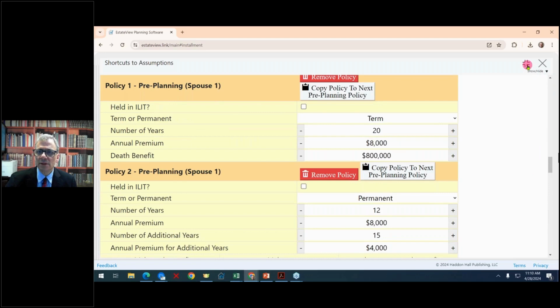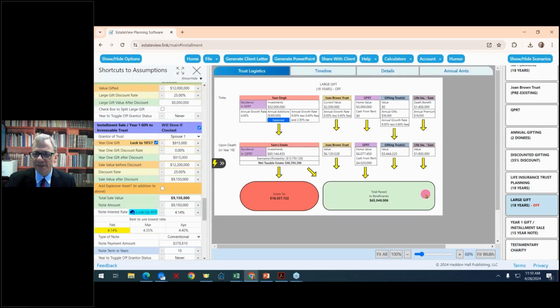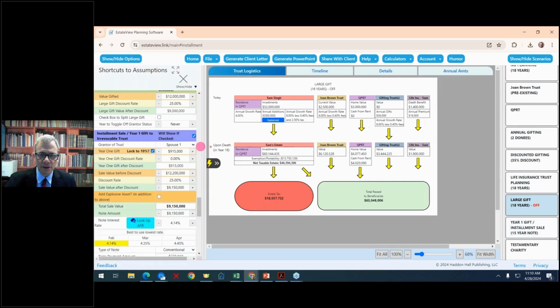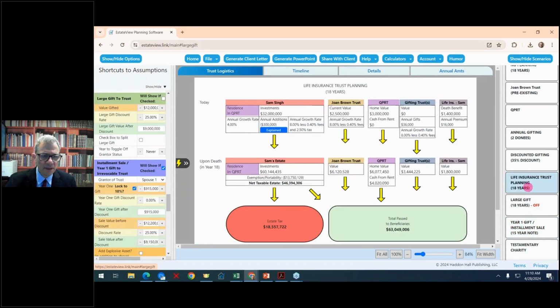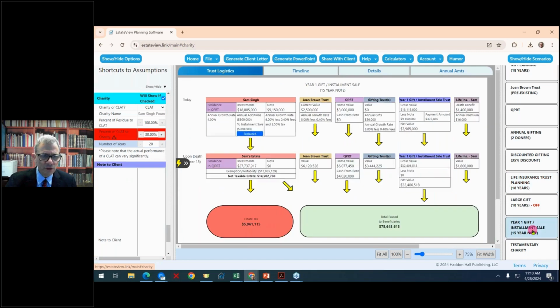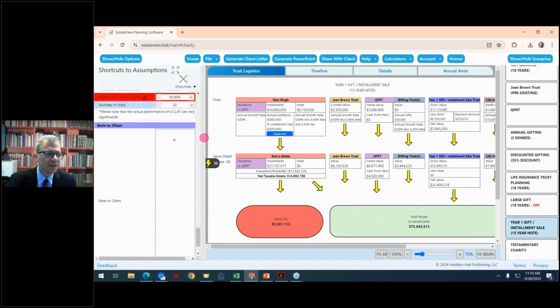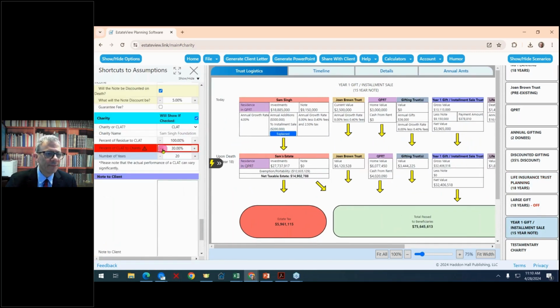So let's go back here and see what that little installment sale does for this family. I click on year one gift, installment sale, and now the estate tax goes from 18 million to 5,961,000.